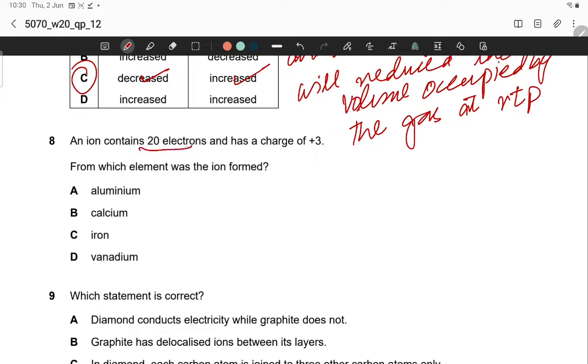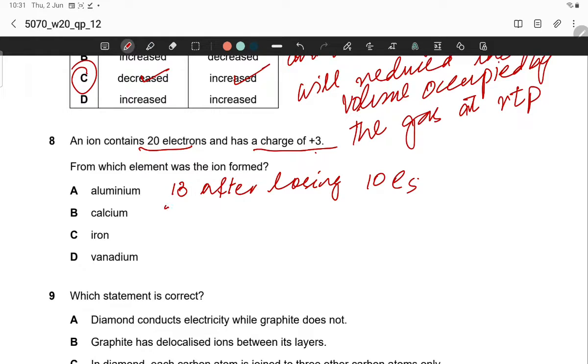An ion contains 20 electrons and has a charge of +3. Aluminium is 13, so this is not correct. 13 electrons, and after losing 3 it has 10 electrons.